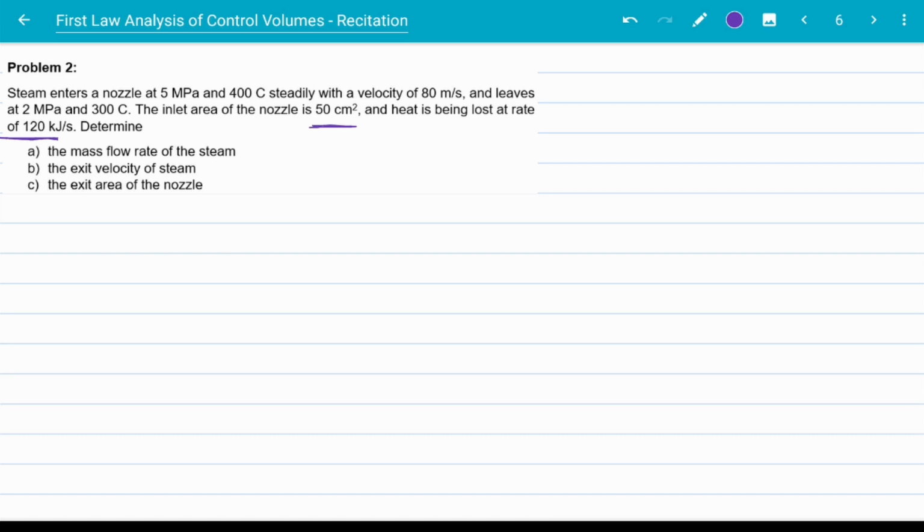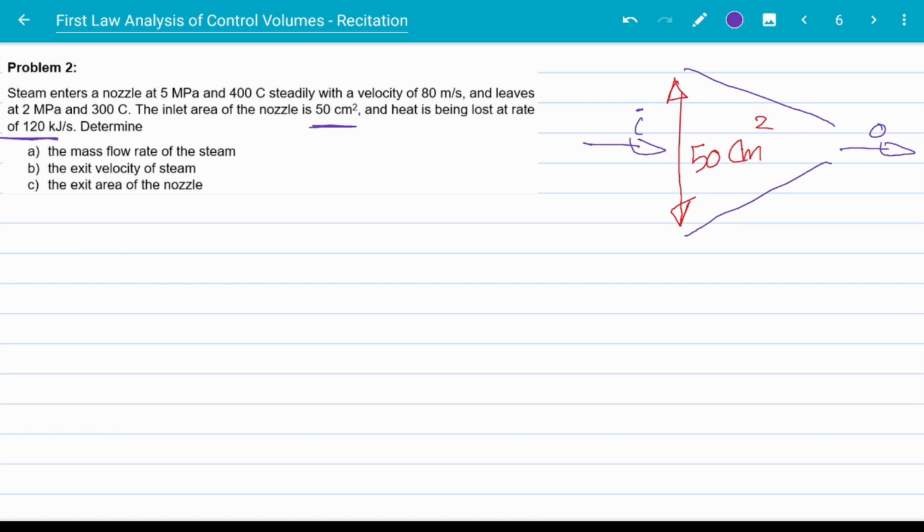Okay, so what we have is a nozzle like this. Steam enters from here and exits from there. So this is the inlet and this is the outlet. The area of the entrance of the nozzle is given as 50 centimeters squared.